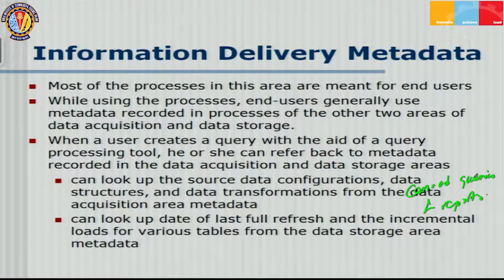So they can look up the source data configurations, data structures, and data transformations from the data acquisition metadata, and can look up the date of the last full refresh and the incremental loads for various tables from the data storage area metadata. So these are specific examples of how a user who's trying to do some analysis on the data warehouse can access data belonging to the other two functional areas.